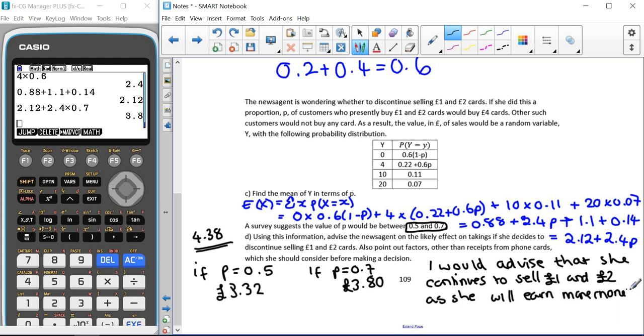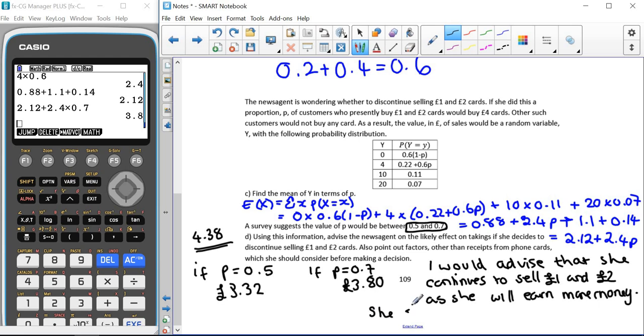Now I haven't fully answered the question here. I've given some mathematical proof and I've written it in words, but it also says, also point out one factor other than the phone cards which she should make a decision about. So she should have a think about what else these people buy.